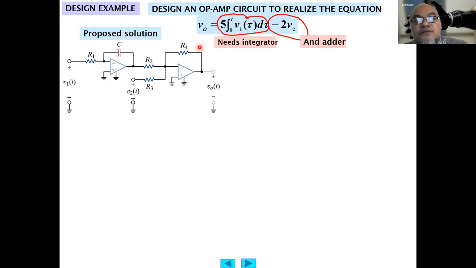You can build two cascaded stages of op-amp circuit. The first one is the integrator. The second one is an adder, so this is added with this V2.